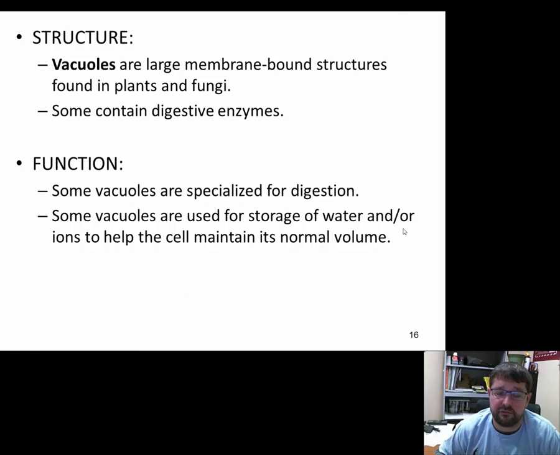Now these vacuoles, depending on the organism, can have multiple functionalities. In some cases, it will be used just for digestion of foreign bodies or food and things like that. You can think of things that have a fairly good vacuole and digestive enzyme system: pitcher plants, Venus flytraps.